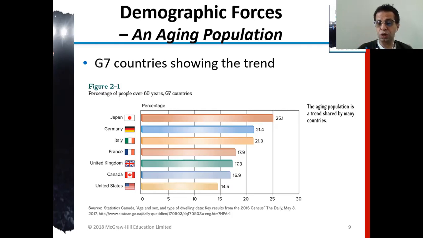Now, why do we need to know about the aging population? On a government level, they need to know because when people move to 65 years and above, they need more support, different kinds of housing, all these things.